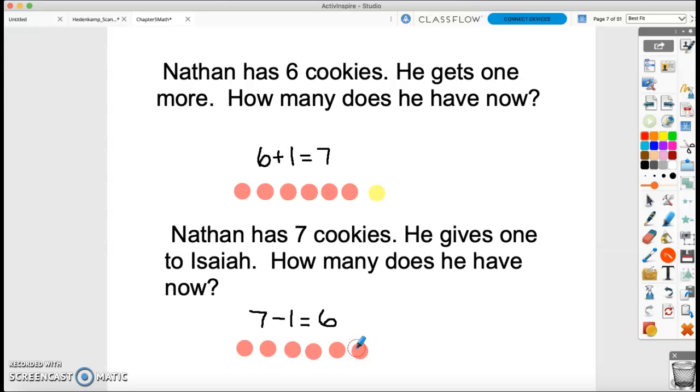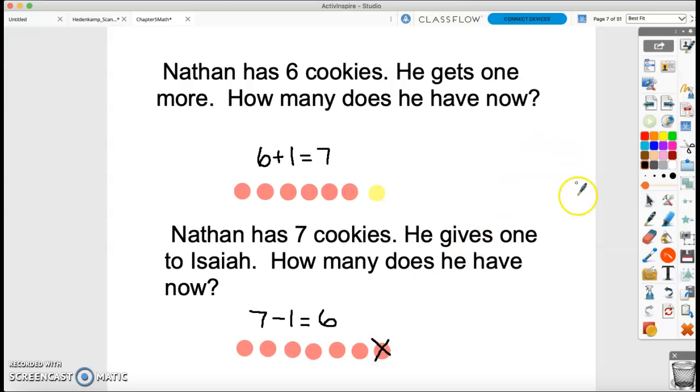Well, I'm going to do 7, sorry, and he's going to give 1 to Isaiah. So here's the 1 that he gives to Isaiah. All right, so he would end up with 6.